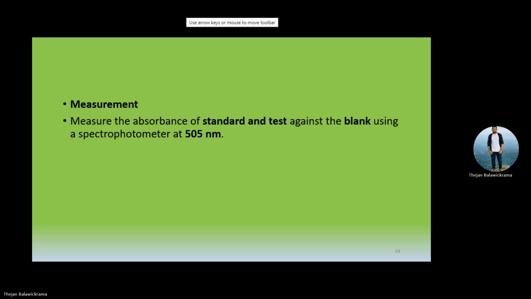Then we take the absorbance value using the spectrophotometer. I have mentioned the wavelength here, 505 nanometer. That is the wavelength that we are supplying. Then we take the measurement.